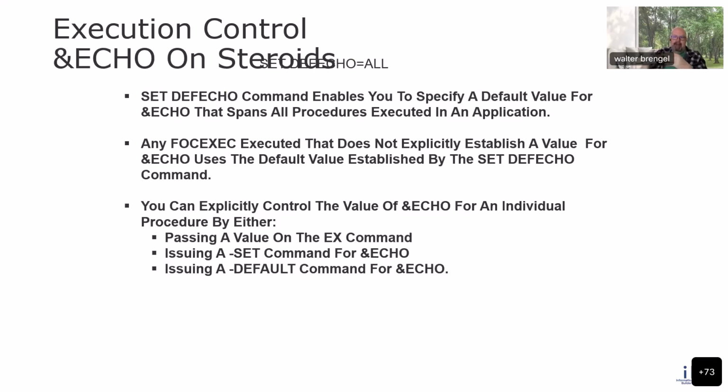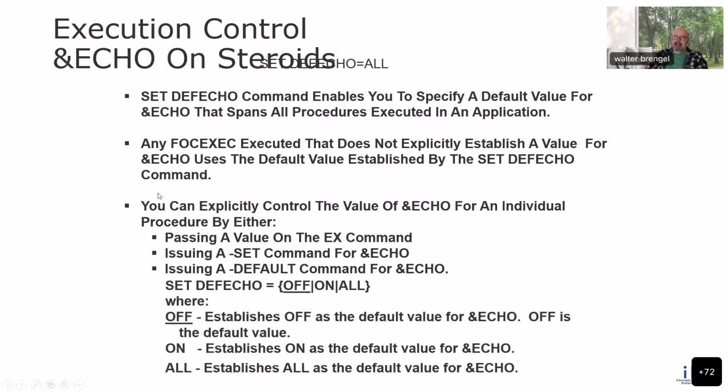If you set DEFECHO equals on or all, then any procedure that you run anywhere will get echoed. So if you're doing a bunch of includes and a bunch of executes, you probably want to use DEFECHO, because then you'll be echoing everything as opposed to just the one procedure where you turned it on.